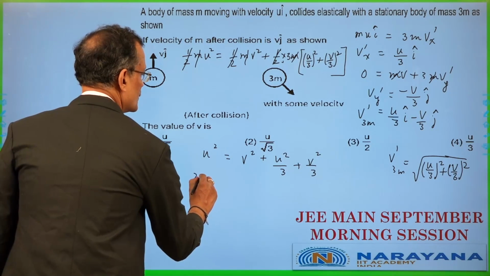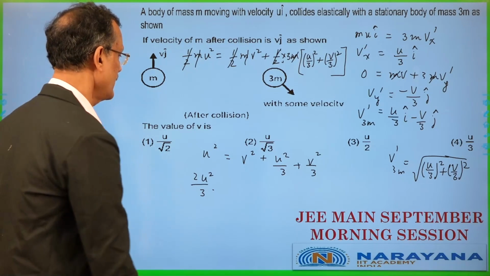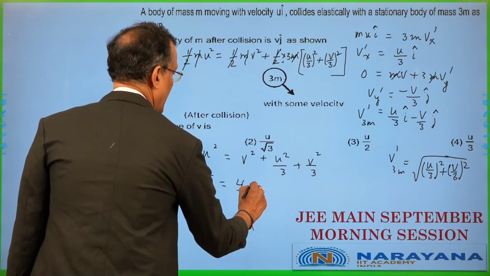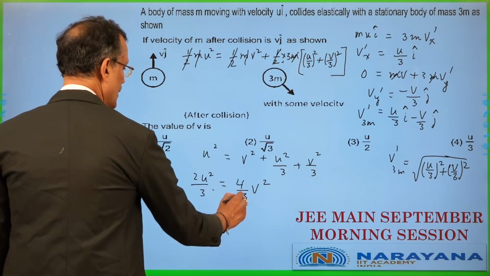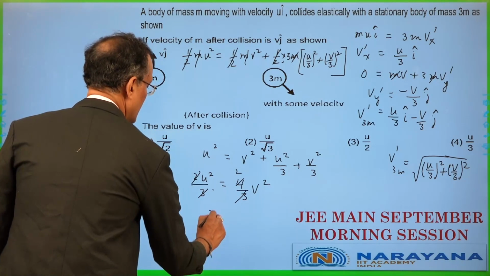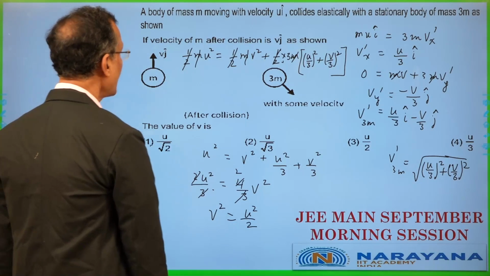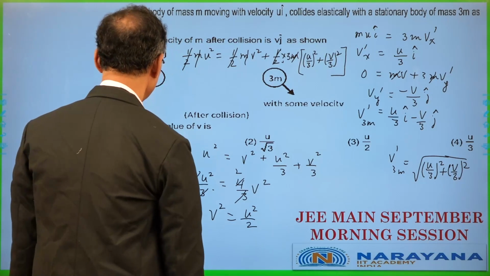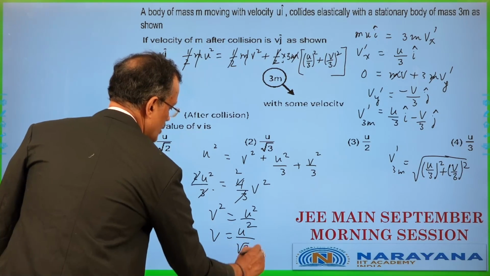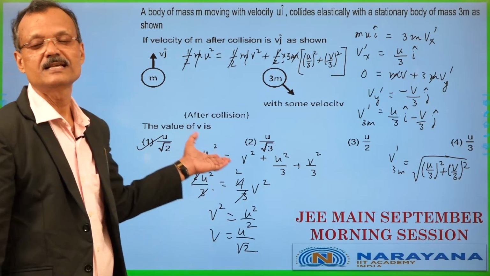This becomes 2u squared by 3, as 1 minus 1 by 3 is 2 by 3. And here 1 plus 1 by 3 becomes 4 by 3 v squared. 3, 3 cancel. It will be 2v squared equals u squared by 2. I want V. Correct now? So V will become u by root 2. Answer number 1.